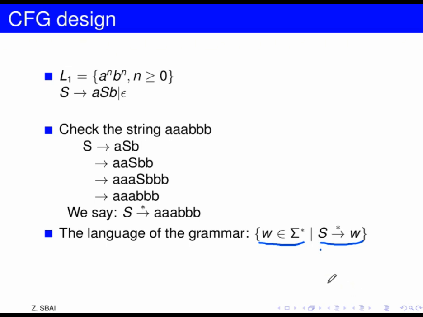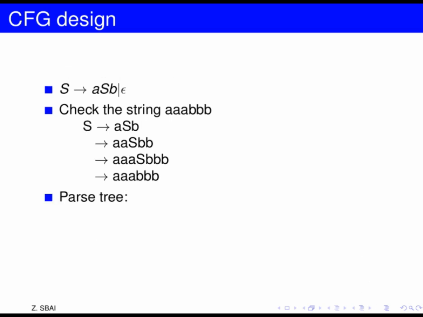Now, for a string to be derived from the start symbol S, we can also try to draw a parse tree. A parse tree is another method to make sure that a string is accepted by the language. For the same example, AAA BBB, we can draw the following parse tree.